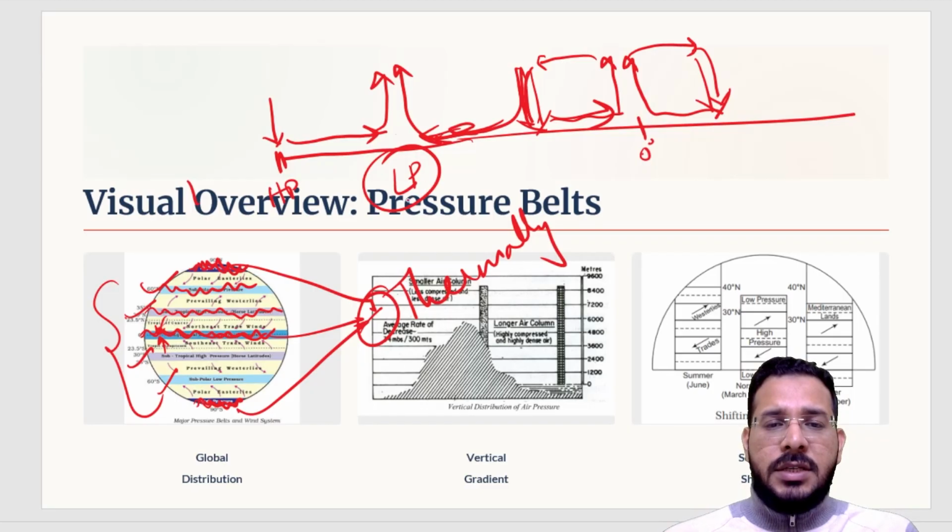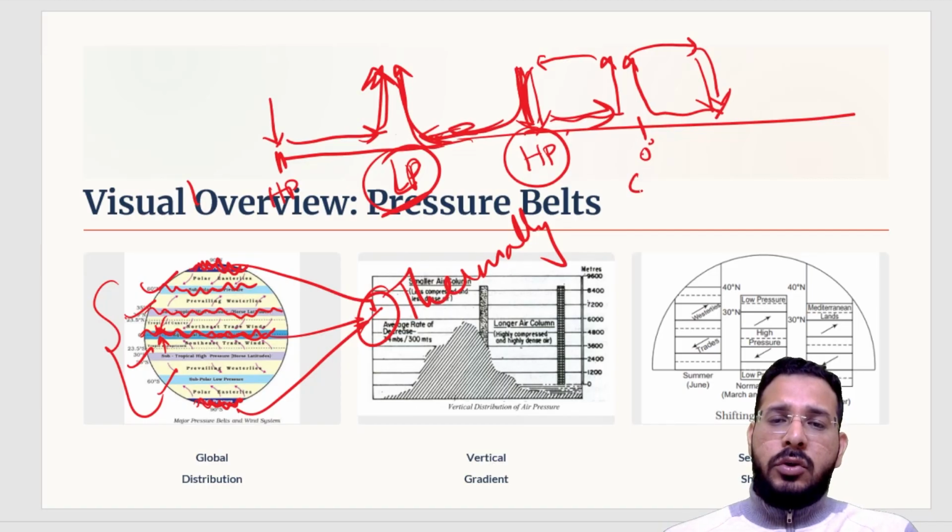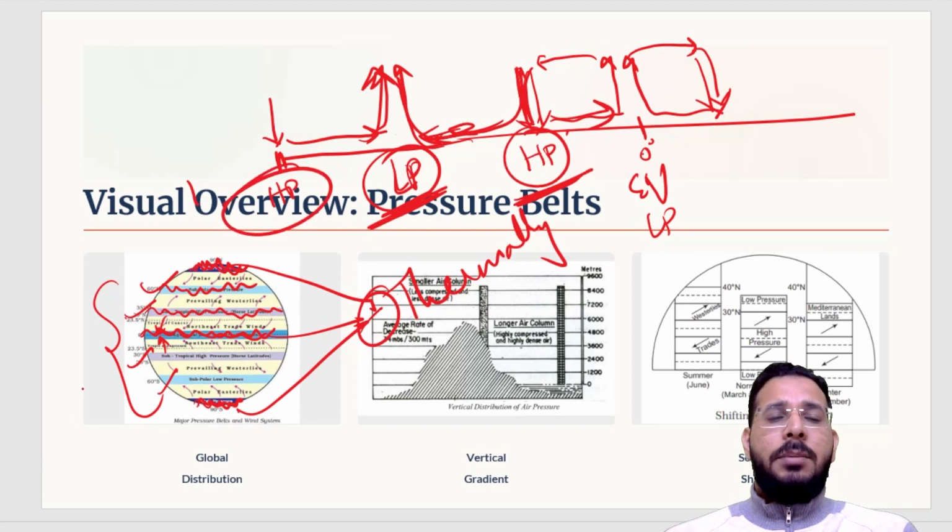Even though the temperatures over here are comparatively cooler, because of the rising of the air, convection of the air, the pressure is low over here. Here, even though the temperatures are warmer, because the air is sinking down, we have high pressure. So we have the equatorial low pressure belt, subtropical high pressure belt, subpolar low pressure belt, and polar high pressure belts.